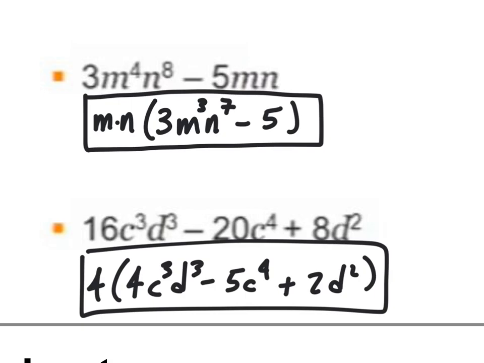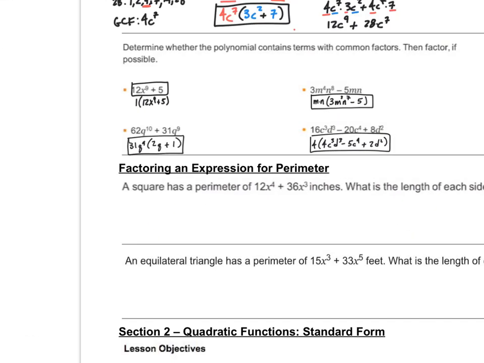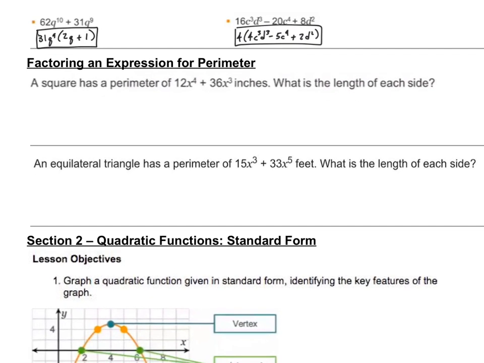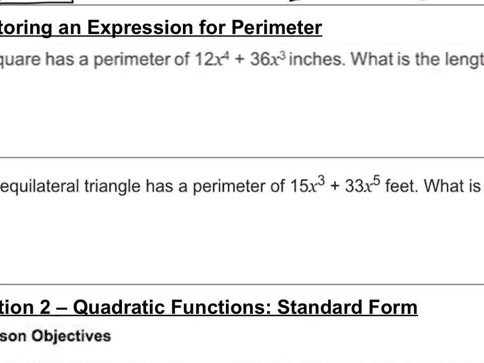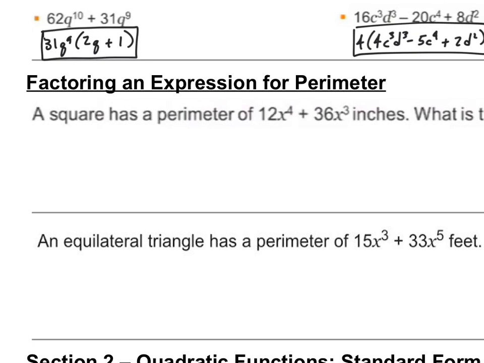So, let's take a look at some application problems real quick. It says that a square has a perimeter of 12x to the 4th plus 36x cubed inches. What is the length of each side? Now, what we know is that the perimeter of a square is just 4 times the side length.